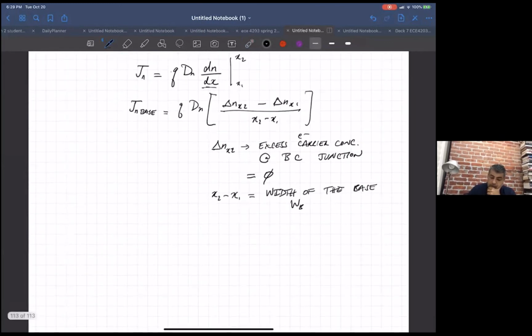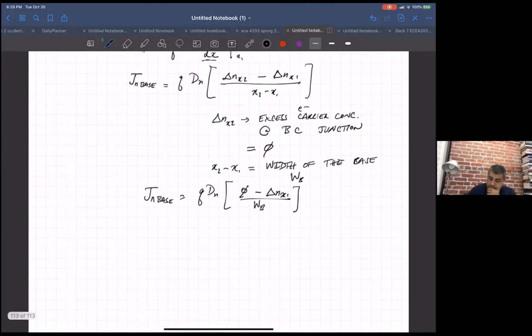Okay, so if I was going to write this again, the current density of electrons across the base is Q D sub n, times 0 minus delta n at x1, over WB. It's the current density.